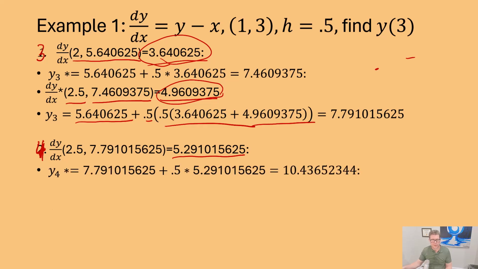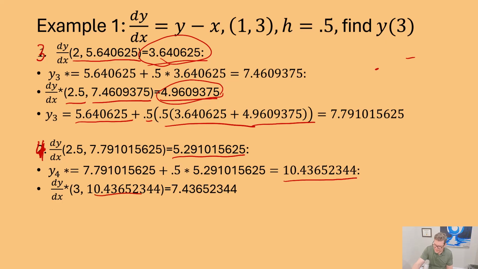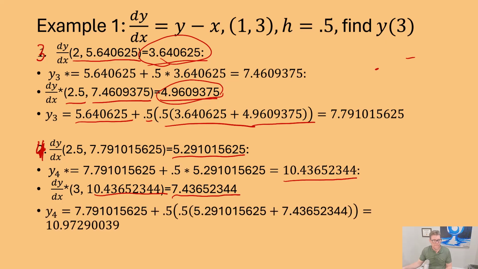I use that slope in order to calculate my y4 star, basically that next intermediary step, which ends up being 10.4365-ish. And then I get dy/dx at x equals 3, evaluated at 10.4365, etc. And that gives me the 7.436. And then my y4 is going to be y3 plus h times my average, lots of numbers, and that ends up equaling, in this case, 10.973 approximately.